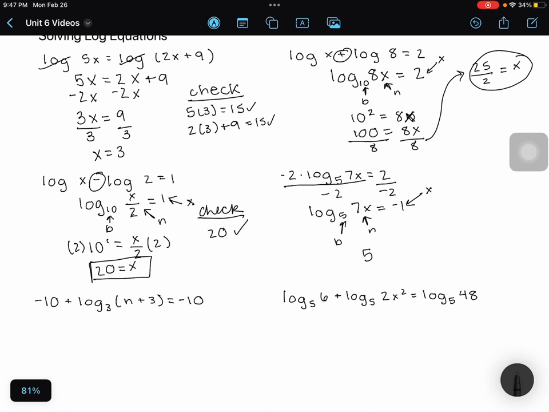So b is the base, so 5 to the negative 1 power equals 7x. And remember from our exponent rules, whenever we have a negative, we move it to the denominator. So this is like 1 over 5 equals 7x. We're going to divide both sides by 7, which gives us 1 over 35 equals x.